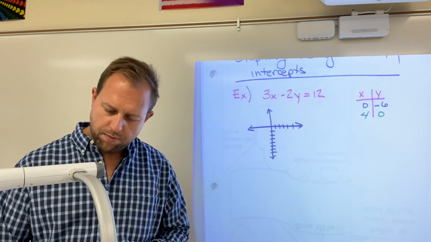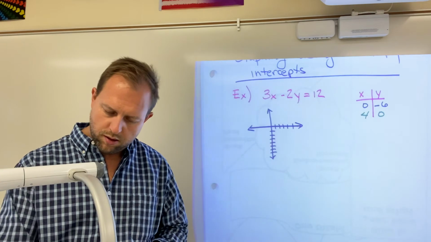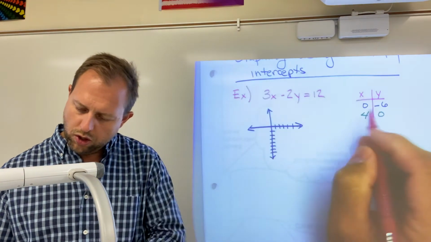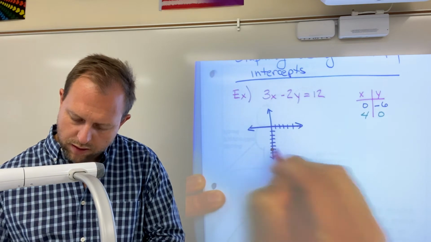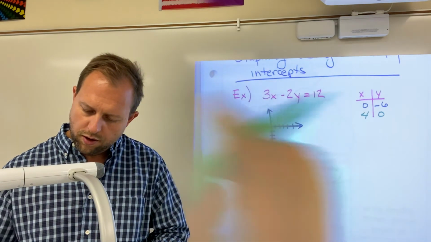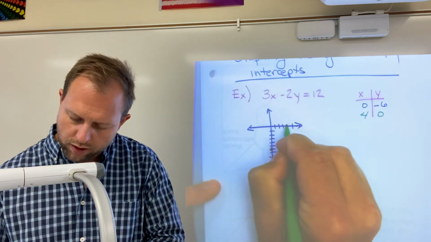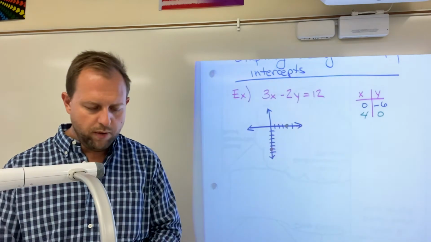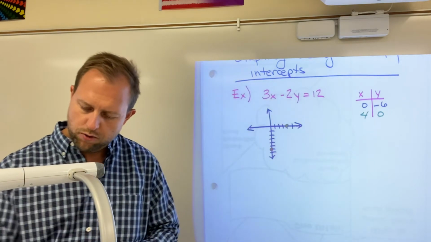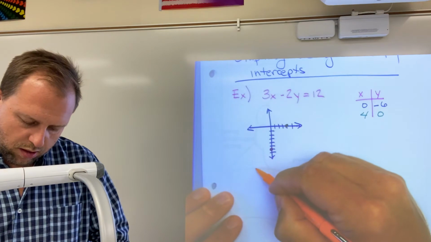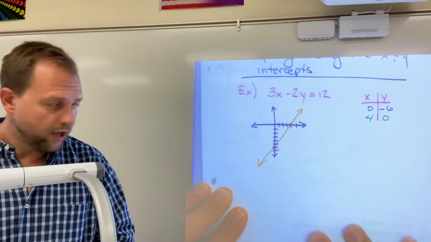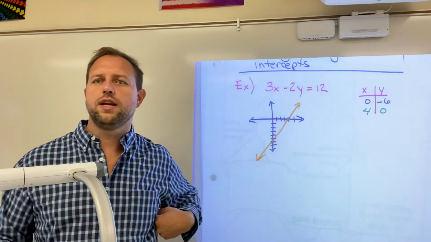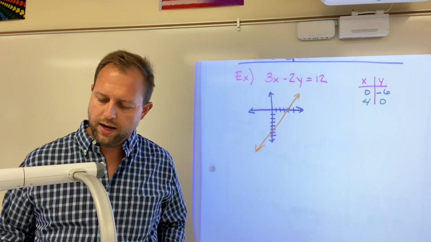And we can plot the points. (0, -6). (4, 0). And all we need for our line is those 2 points.